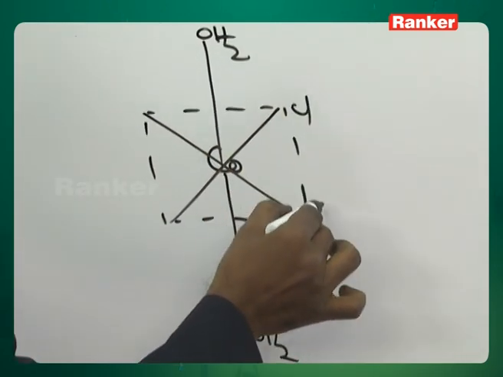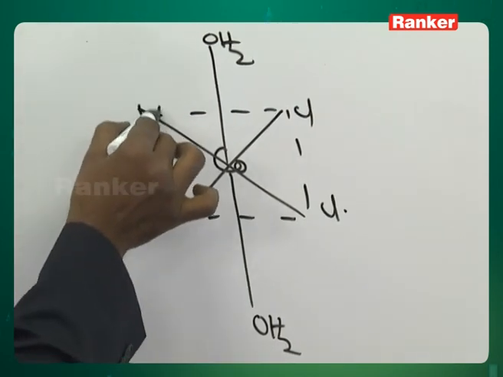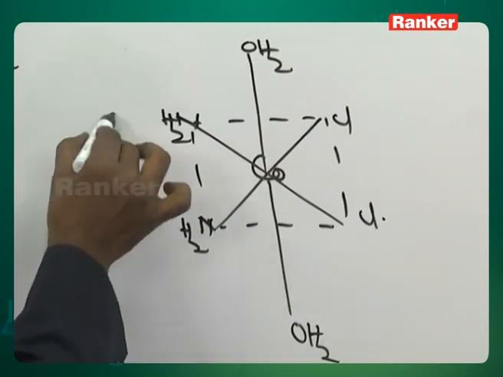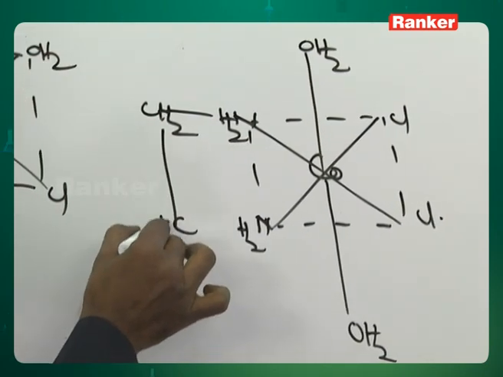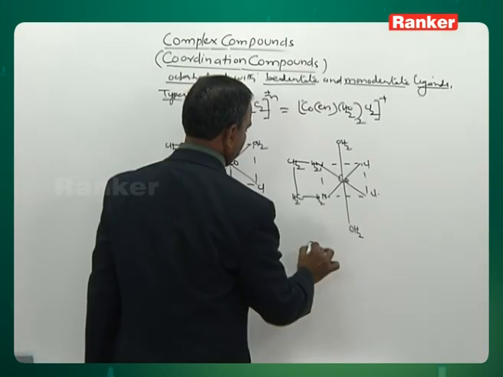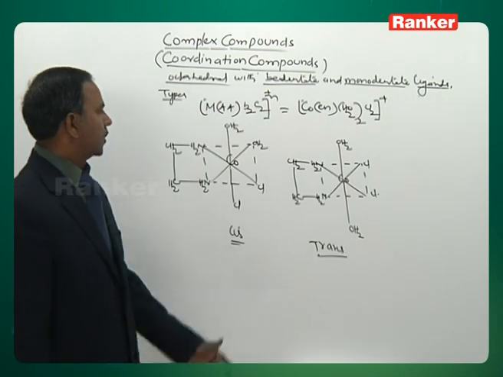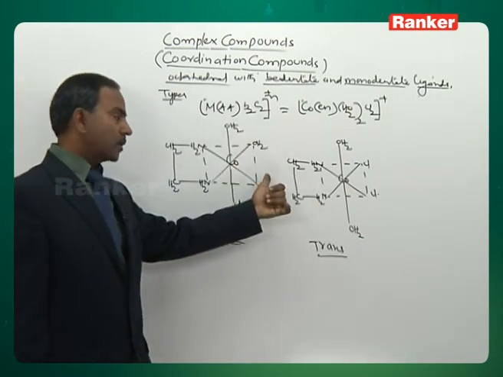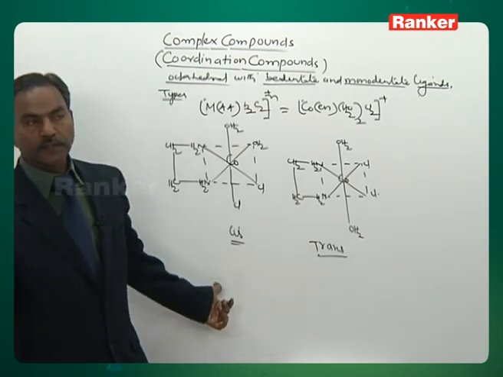Then this is what, Cl. Cis and trans. Here both aqua ligands are cis to each other, and again both chloro ligands are cis to each other. Therefore, we are considering it as cis.